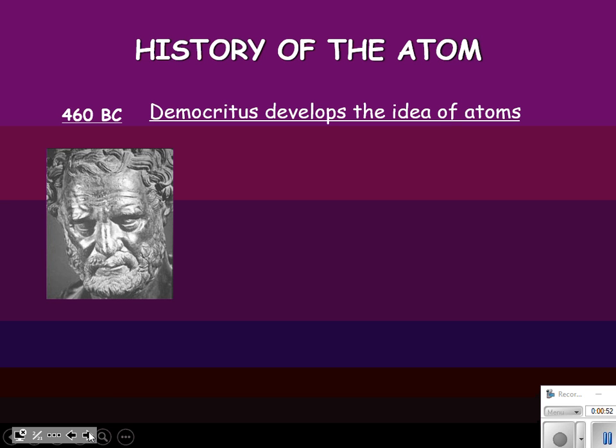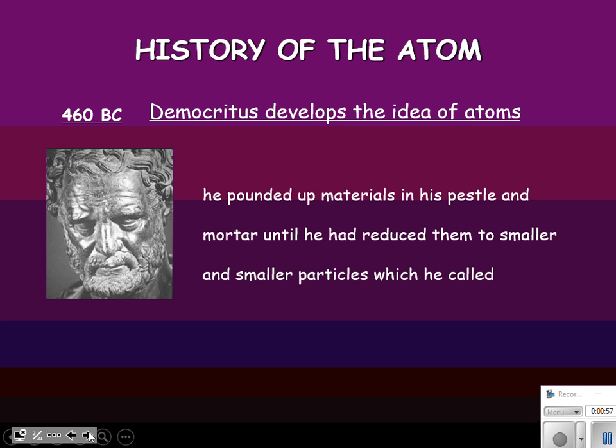1460, a man named Democritus developed the idea of an atom. How did he do this? He took a mortar and pestle, which we use a little bit in the lab, when you have chunks of something. I used it the other day to mix up our mixture.